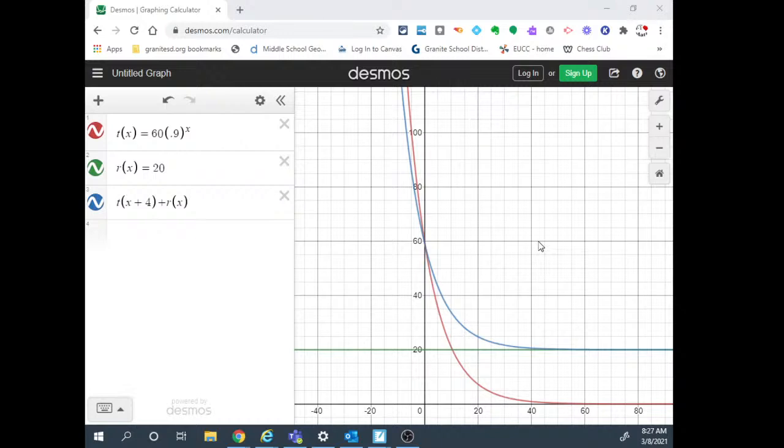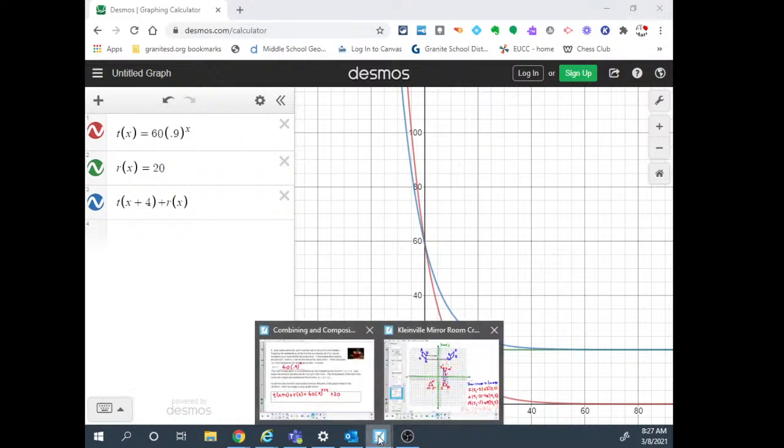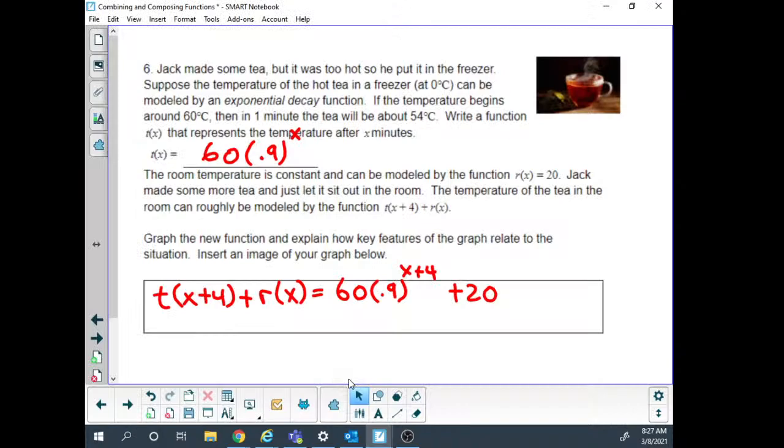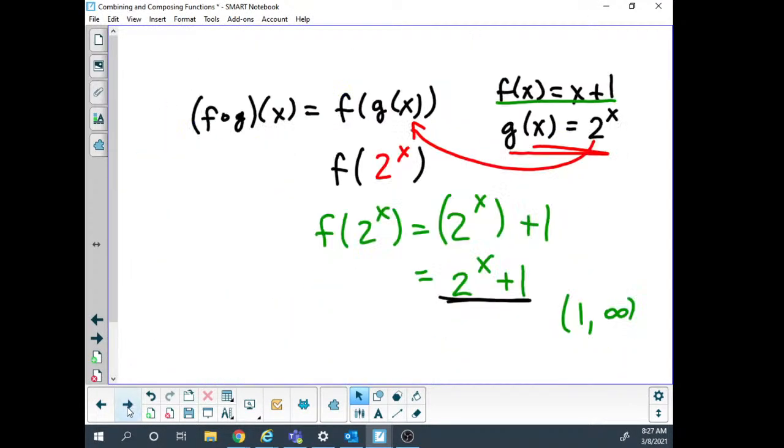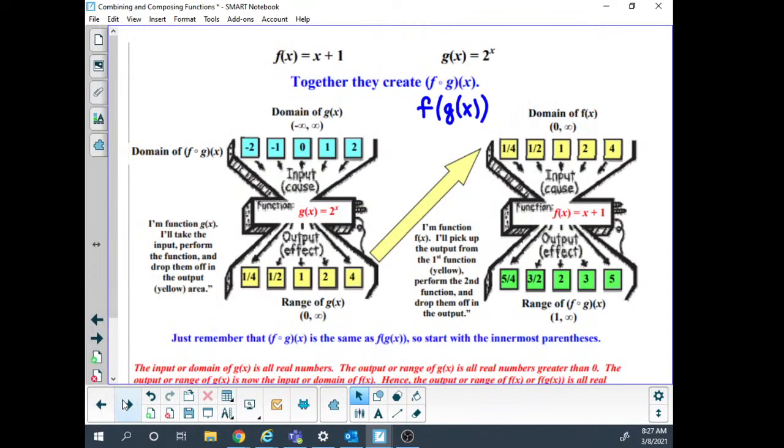Anything about the rate of change, anything about the intercepts? The temperature is 60 Celsius at the beginning, at 0 minutes, and then it decreases toward 20 degrees Celsius, approximately room temperature.